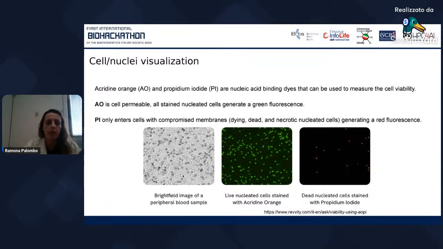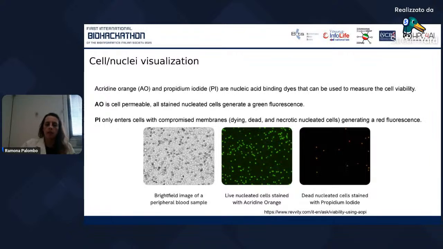Instead, with PI, so propidium iodide, I can analyze just the cells that are dead, because PI enters just the compromised membrane of dying or dead necrotic cells. And it generates a red fluorescence.